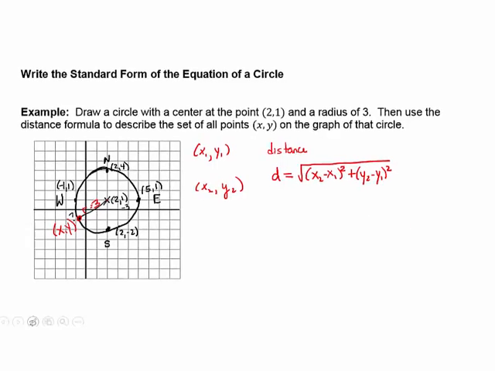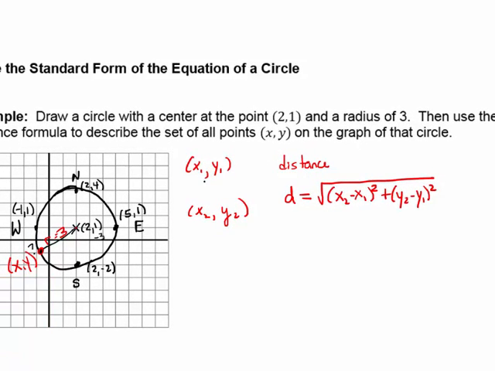So in our scenario here, we have some random point (x, y), that's going to be our (x2, y2). And we have our center (2, 1). We're going to plug those in, but we're going to need something else. We also know d, don't we? What's the distance again? 3.